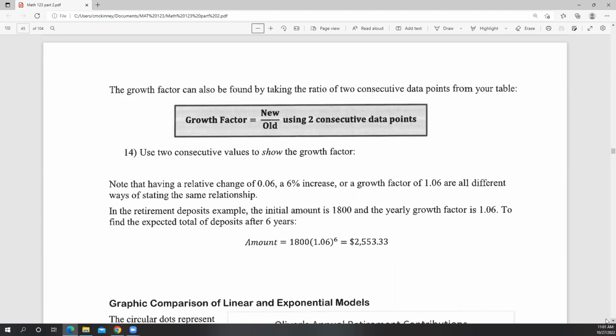So saying that there's a relative change of 6%, or that the growth factor is 1.06 is the same thing. But the growth factor, like if I said there's a relative change of 106%, that would be a different meaning. That would be 2.06 as a growth factor. There's our problem we just worked out.